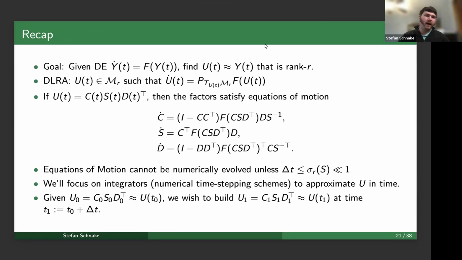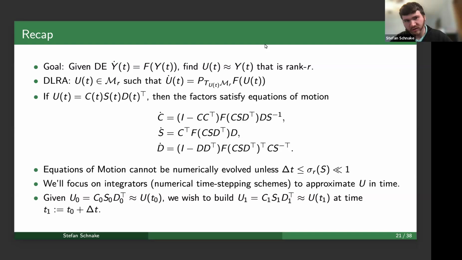Okay. So just a quick recap of last week. The goal is that given some matrix-valued differential equation in time, so Y is a matrix that's, let's say, m by n, and it satisfies some dynamical system, Y dot equals f of Y. The goal is to find some rank R matrix U that's approximately close to Y, and U also evolves in time. There are several ways to do this.